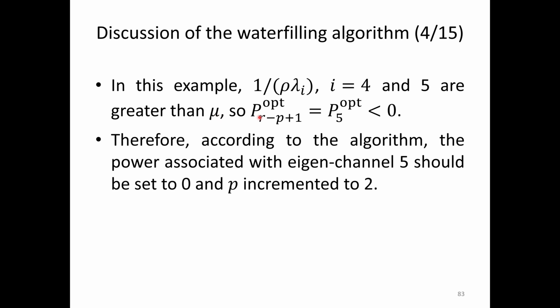So P_(R minus P plus 1) OPT, which is P5 OPT because R is equal to 5 and P is equal to 1, is smaller than 0. Therefore, according to the algorithm, the power associated with eigenchannel 5 should be set to 0 and P incremented to 2.